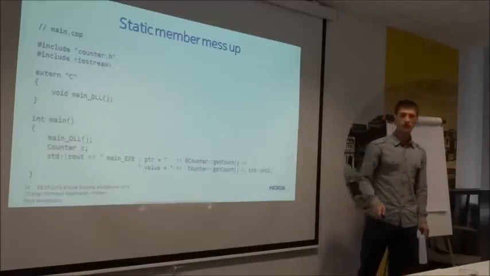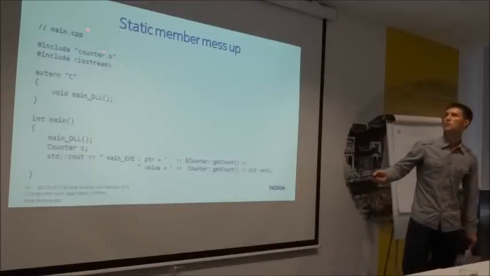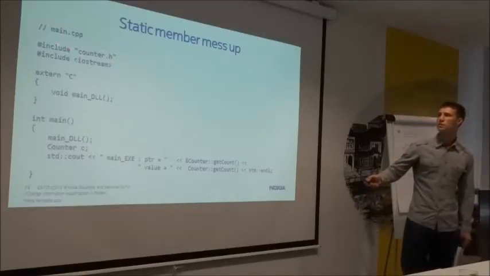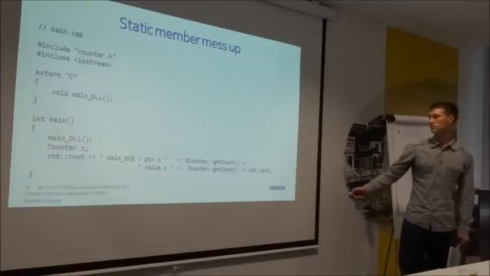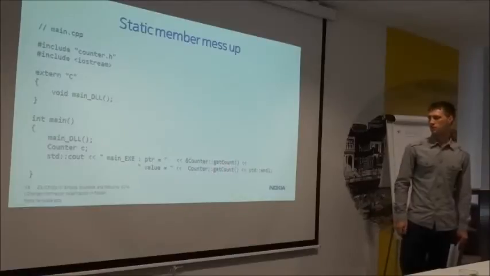Here is our executable. We have a main.cpp file. We also include our counter, we declare our function from the DLL, the shared library, and in main do the same thing, invoking the DLL function, also printing the address of the static member and its value.